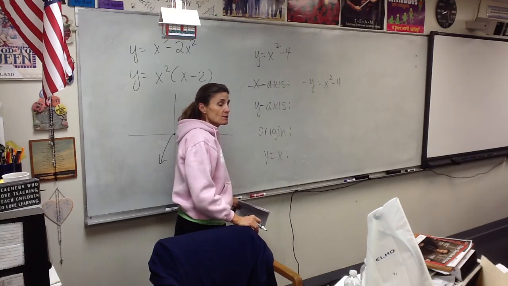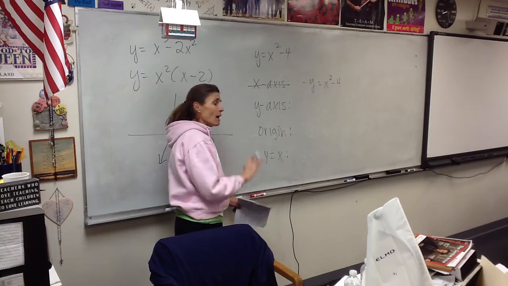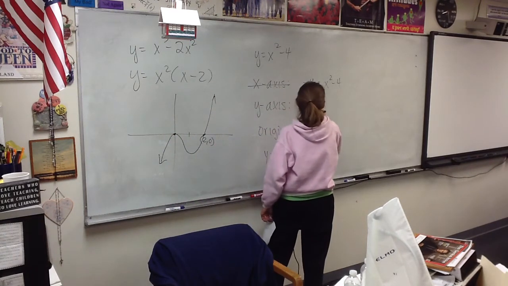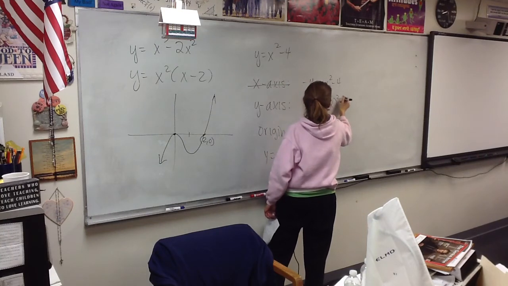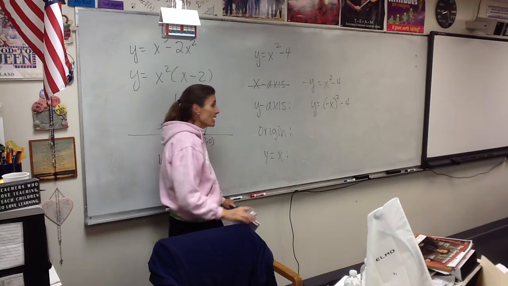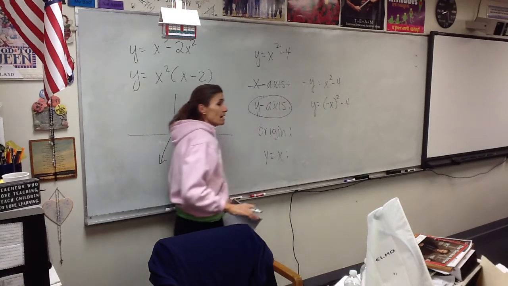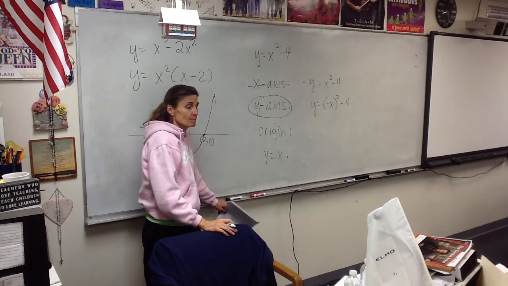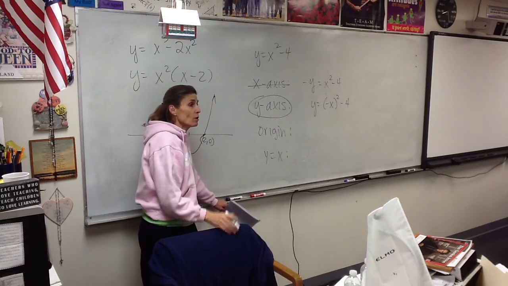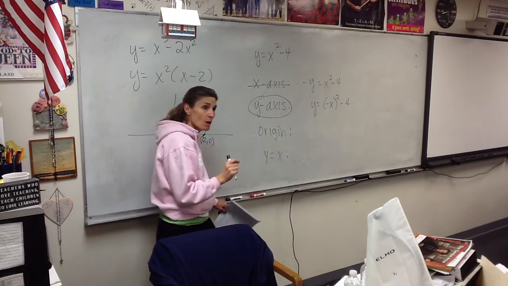To test for symmetry about the y-axis, we change the sign on x. So if you change the sign on x, would that be the same equation? Yes. So we have symmetry about the y-axis. The test of symmetry for the origin, you might recall, is change them both.